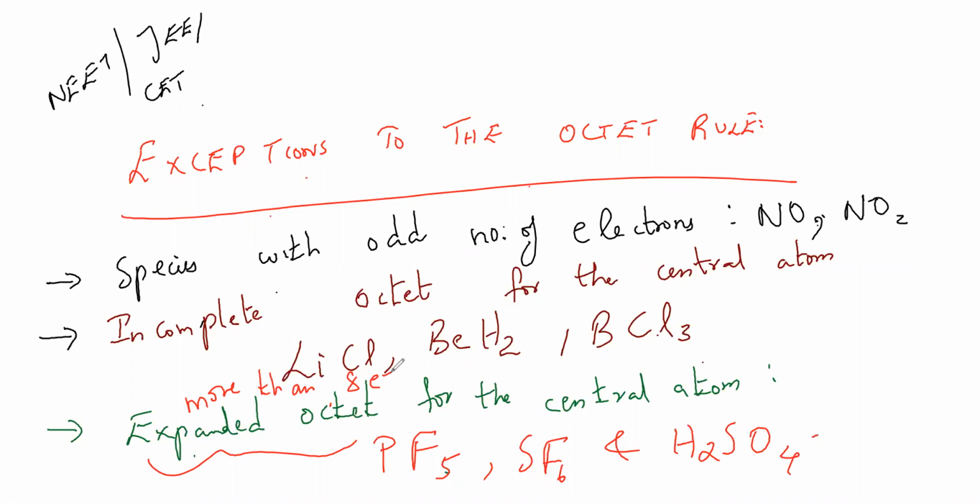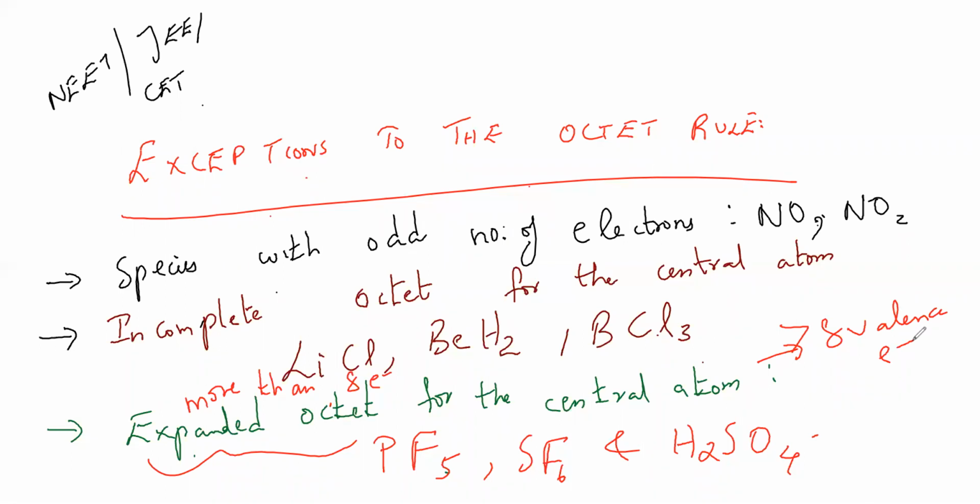So if it is more than 8, it is called expanded octet. Expanded octet means more than 8 valence electrons in the valence shell. That's all. Valence is the outermost shell.